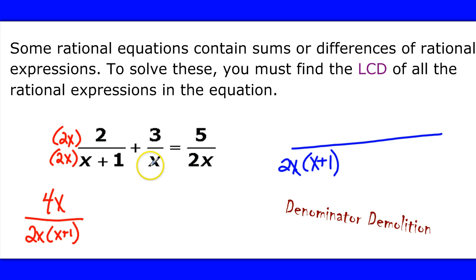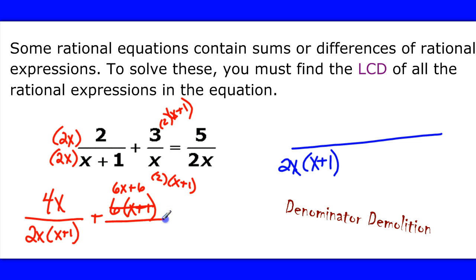Here, this one already has an x, so it needs a 2 and the x plus 1. So when I multiply the top by the 2 and the x plus 1, I end up with 6 times x plus 1, which if I distribute is going to give me 6x plus 6, again over the denominator 2x times x plus 1.